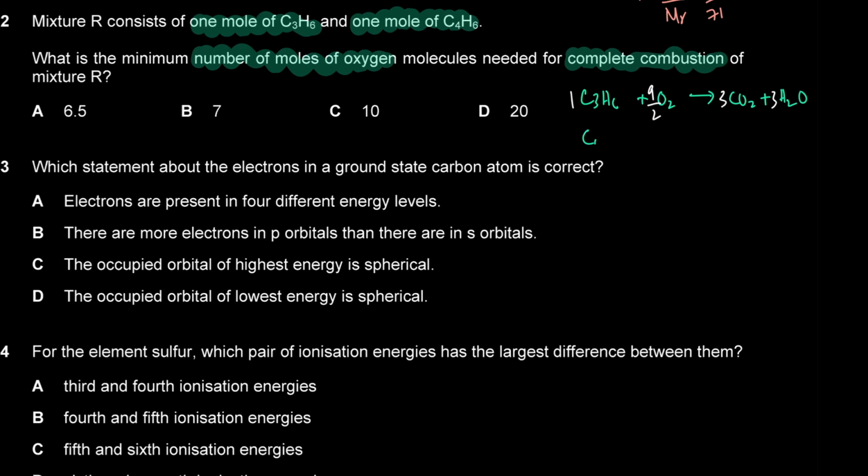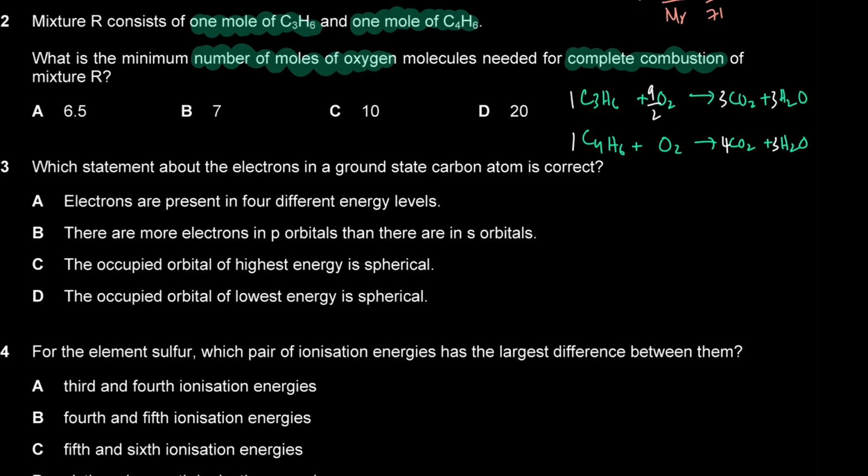Next, we write down the equation for the combustion of C4H6. Right? C4H6 reacts with oxygen to form again CO2 and H2O. And here, again, we have 1 mole of C4H6. So we're going to have 4 CO2, 4 carbons on the left, so 4 on the right. We have 6 hydrogens on the left, so we're going to need 6 on the right. So that'll be 3 H2O. And then we have 4 times 2, that's 8, plus 3, that's 11 oxygens.